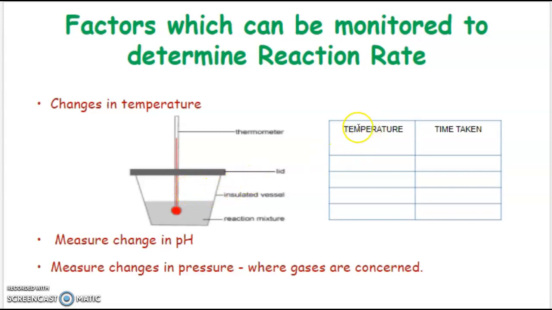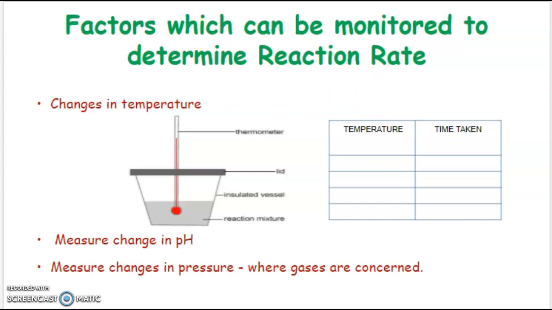The temperature at specific time intervals can be tabulated. So the temperature can be measured at specific times throughout the course of the experiment, and that information placed in a table. At the end of the reaction, the data collected can then be used to plot a curve of temperature against time.